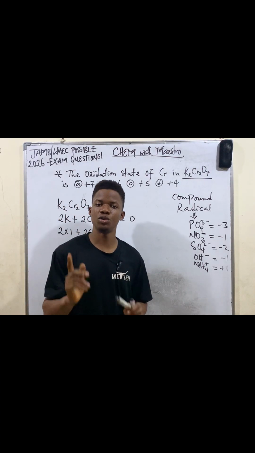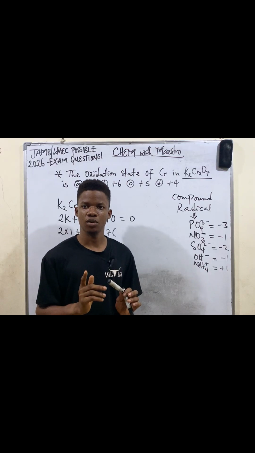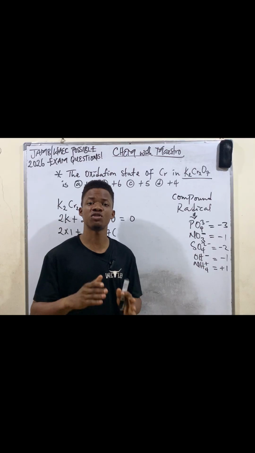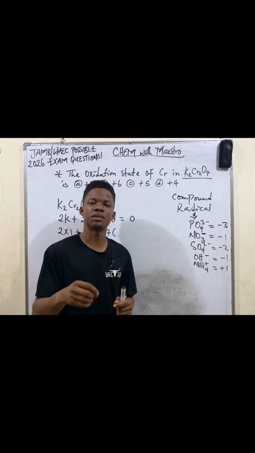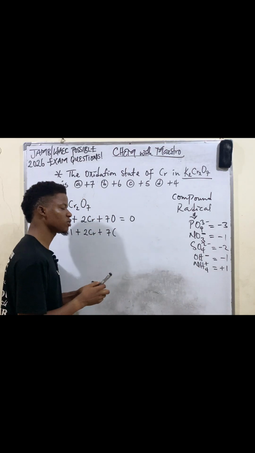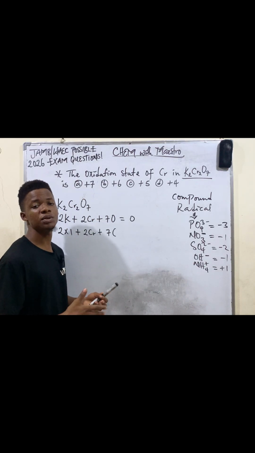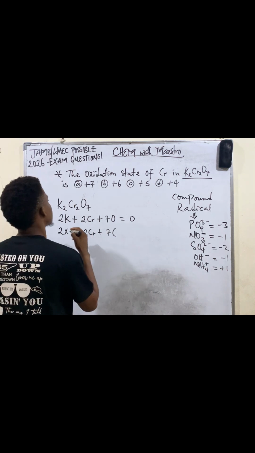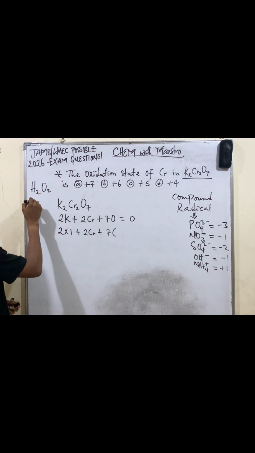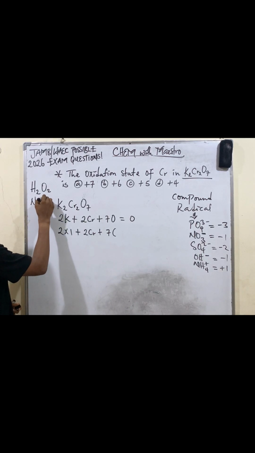Now, please take note of this rule: in most compounds, the oxidation state of oxygen is minus 2, except in peroxides. What are peroxides? Things like hydrogen peroxide, H2O2, and sodium peroxide, Na2O2.